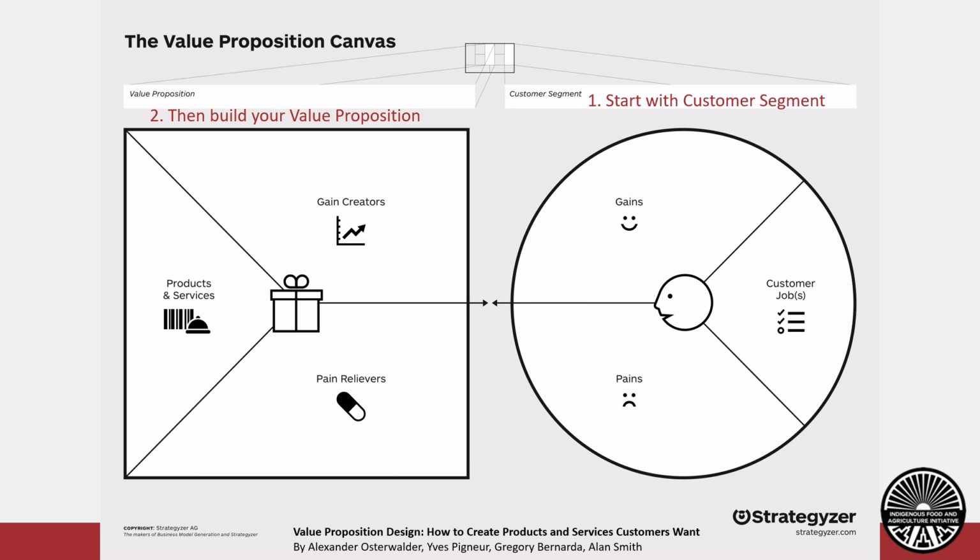The gain creators, if you have a semi-prepared meal kit for that customer, you would make it easy. You would make one less trip to the grocery store, and making a healthy selection for them so that they don't have to use their mental energy to find that healthy solution.